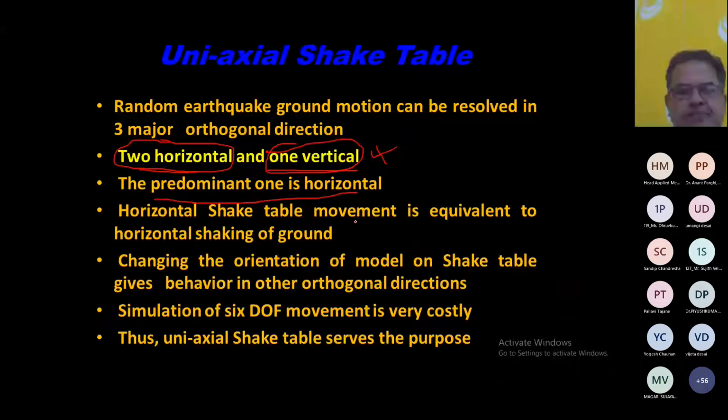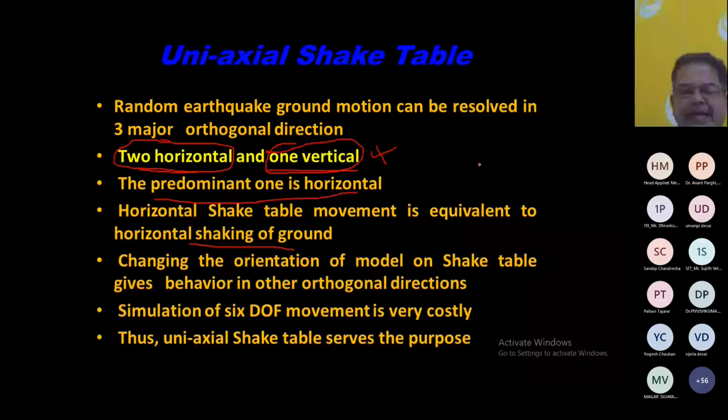We could talk about the uniaxial shake table, right? In a horizontal shake table, the movement is equivalent to the horizontal shaking of the ground, right? Now, the question arises: is the uniaxial shake table okay, because the shaking takes place in the x and z directions, 2 directions, and we are talking about only 1 direction?